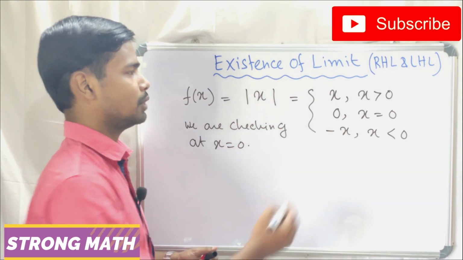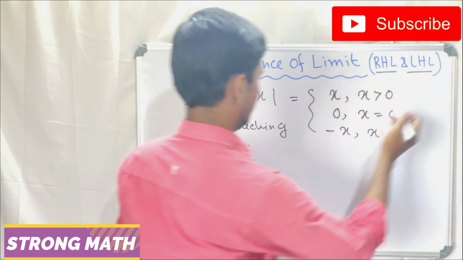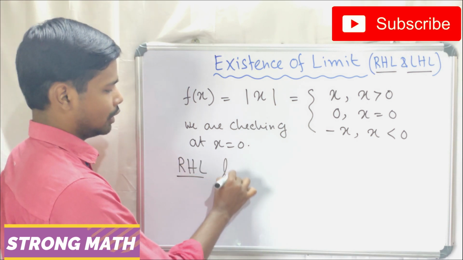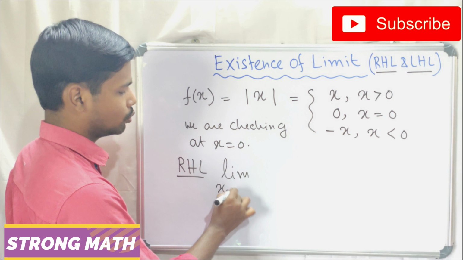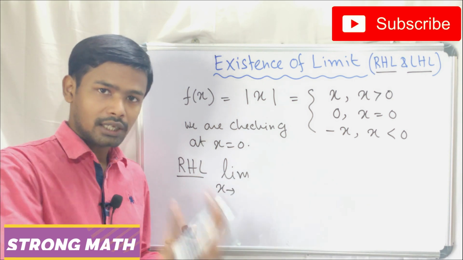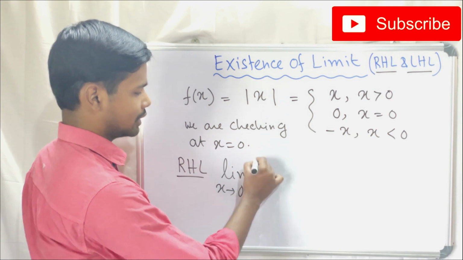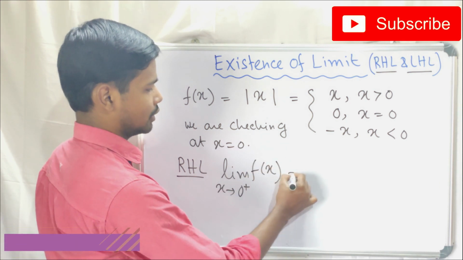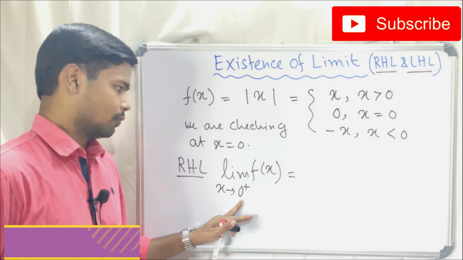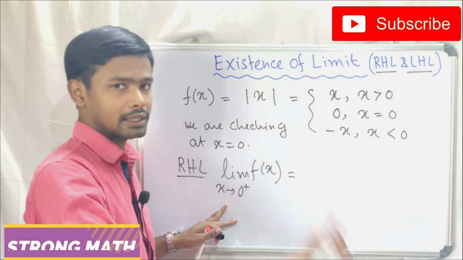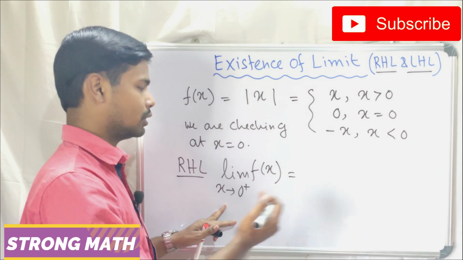What is the meaning of right hand limit and left hand limit? The right hand limit is denoted by limit x tends to 0 plus f of x, which gives us the value of the function f of x where x is approaching from the right hand side towards 0.